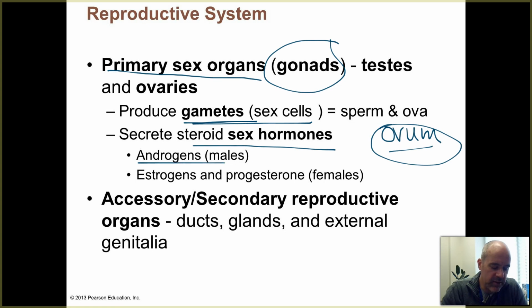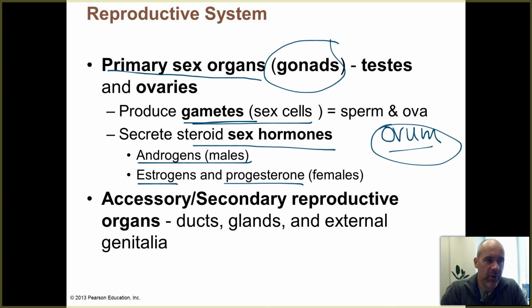Male sex hormones as a group can be called androgens, and you've probably heard the term androgynous before. Androgens are male sex hormones. Testosterone is the key androgen that is produced in the testes. And then in females, the major steroid sex hormones are the estrogens and also progesterone. And so we'll be learning about what these different sex hormones do as we proceed through this unit.